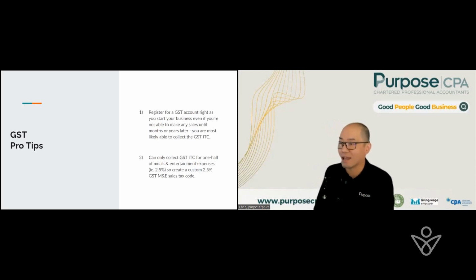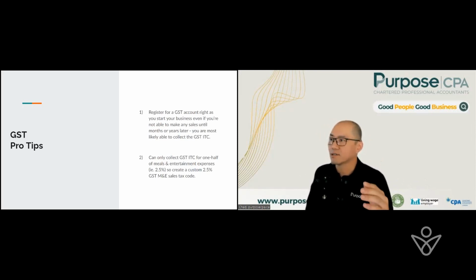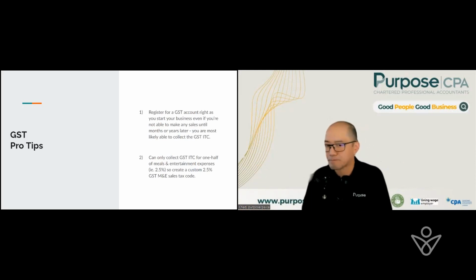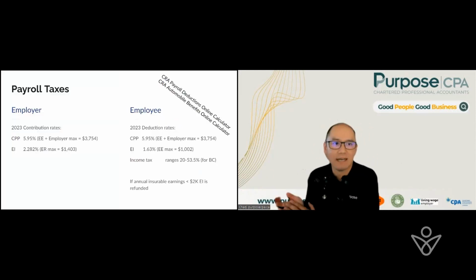The GST that you pay on those meals and entertainment expenses, usually 5%, is only half tax deductible, or it becomes a GST ITC. So when we service our clients, we create a custom 2.5% GST tax code for those transactions, for those meals and expenses that the company has to pay. So that's one that will help you get on side with GST rules.